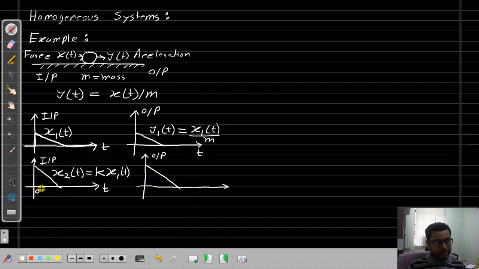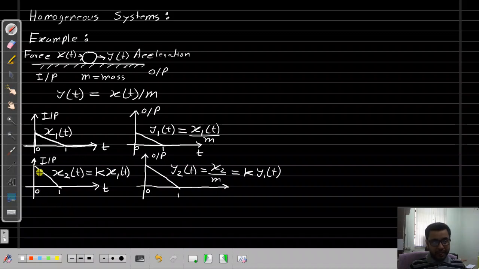If this is 0, 1, then this is 0, 1. So for this input x2, output will be y2 equal to x2 by m. That will be the same as k times y1 of t, because x2 is k times x1.